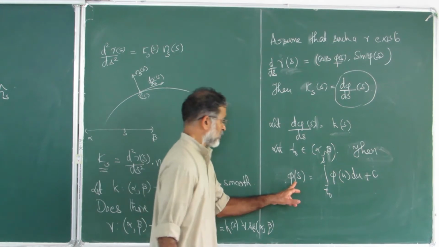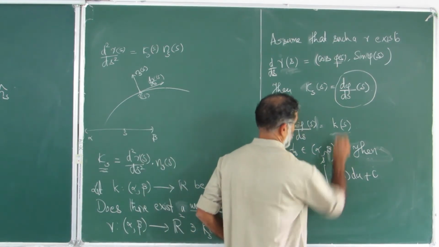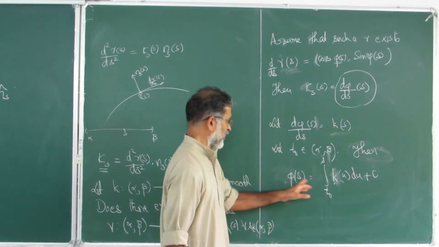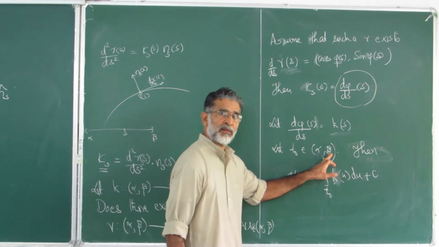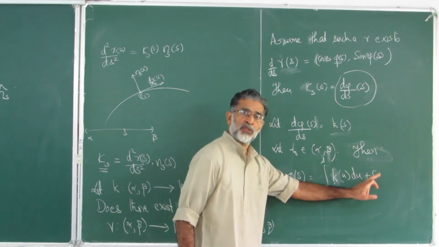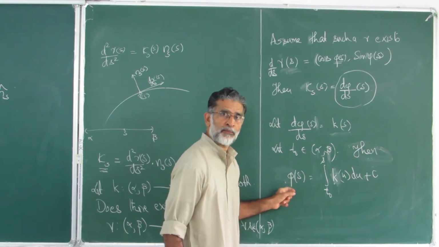You can see d phi by ds is equal to K(s). So up to a constant you can completely determine phi.